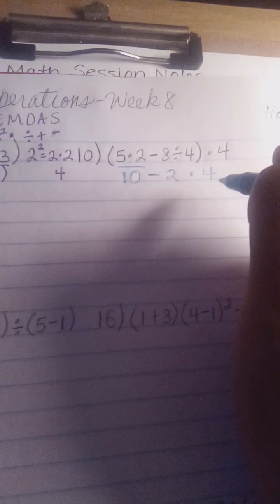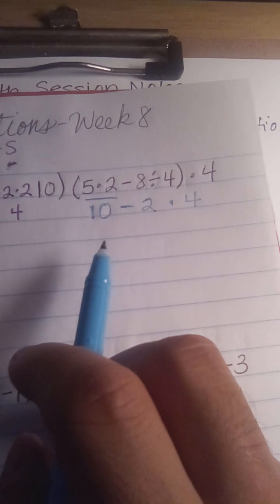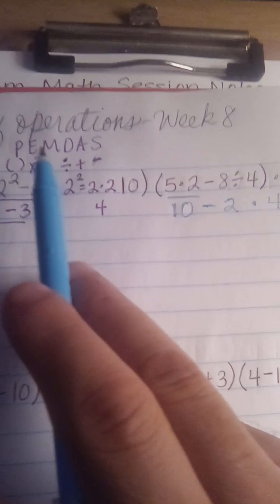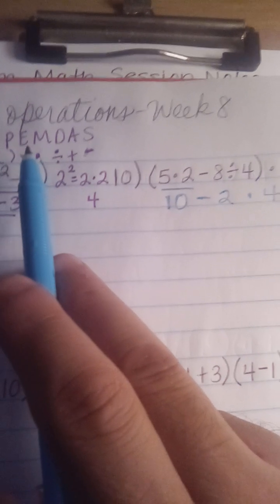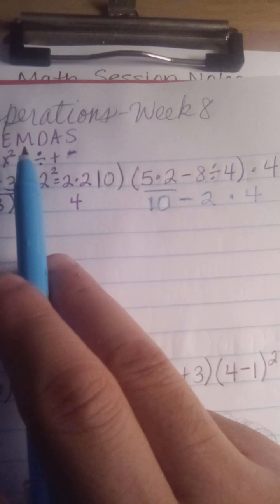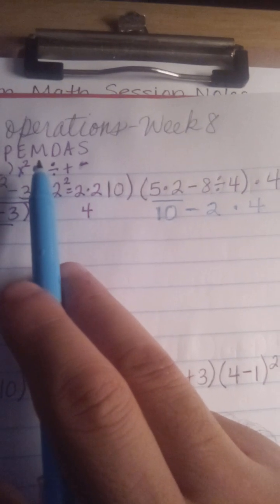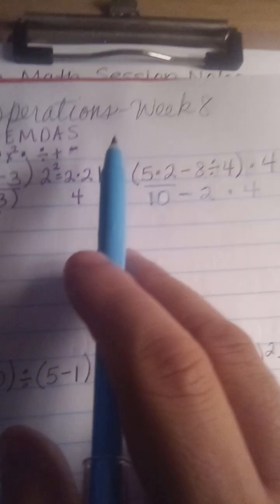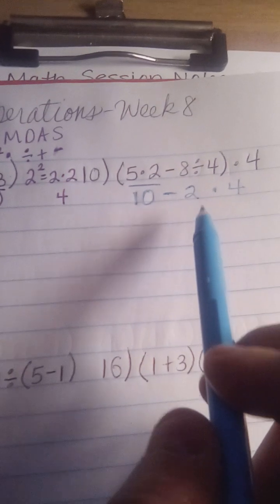Now we're going to do the basic arithmetic. What's after? We have no parentheses. They're gone. Exponents are gone. Multiplying. Actually, I was wrong. We're not done here yet. I'm sorry, my apologies.